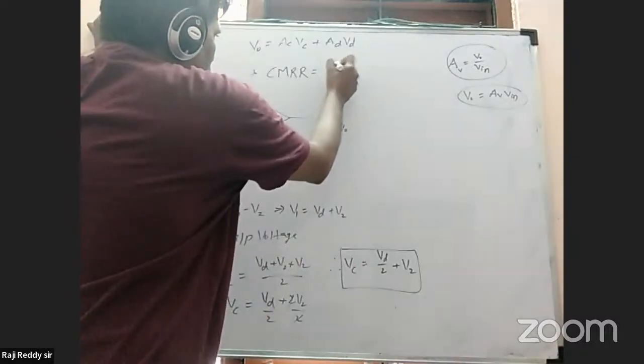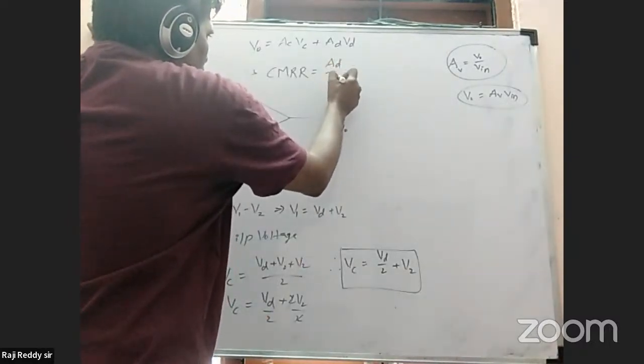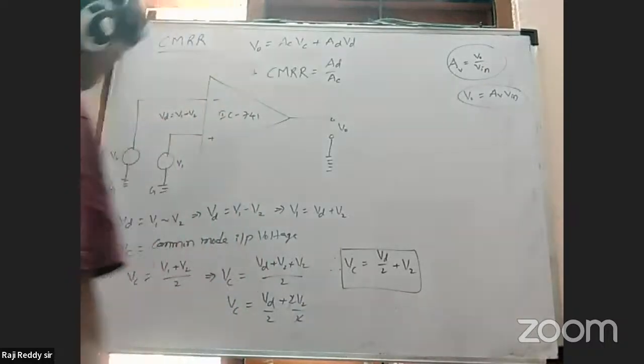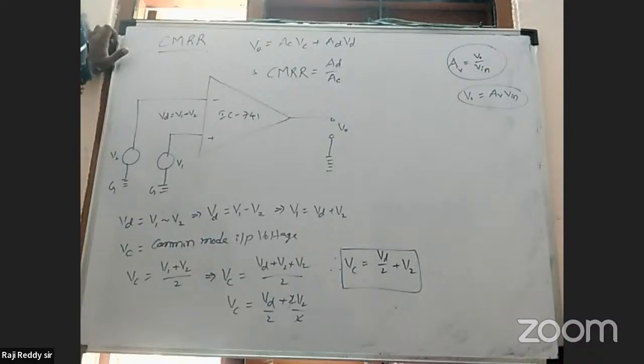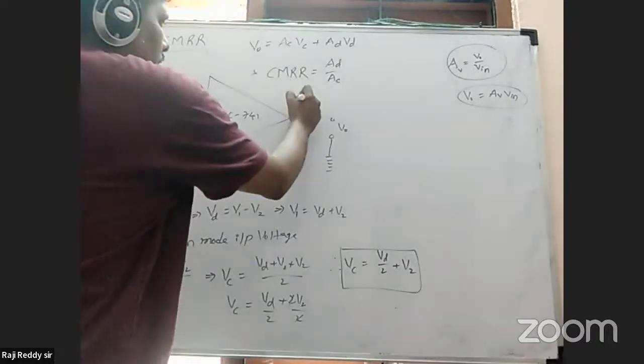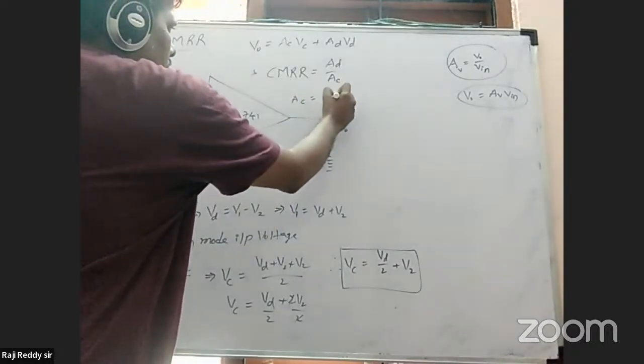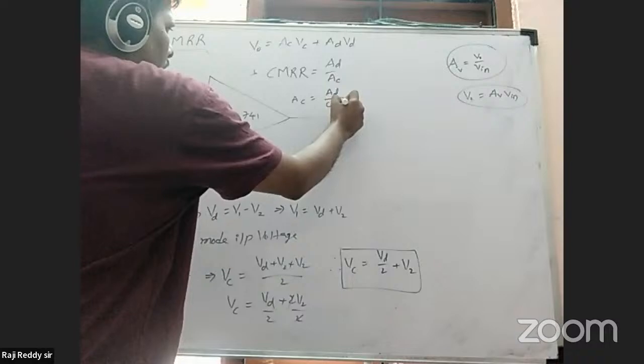Nothing but AD by AV, no, AD by AC, not AV. AD by AC. In that, you can say AC is equal to AD by CMRR.